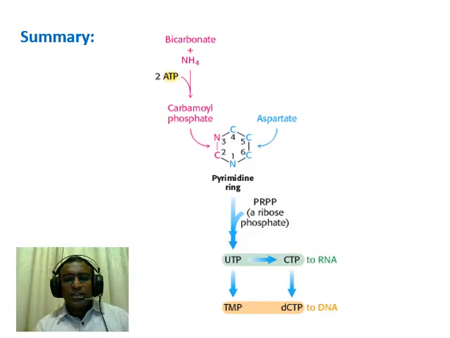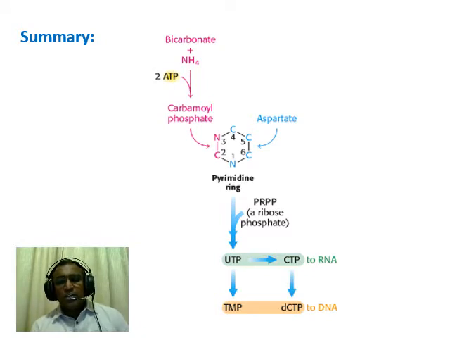So this slide summarizes the making of pyrimidine, that is UTP as well as cytosine triphosphate. I just want to clarify, it starts off with 3 steps, that is the utilization of bicarbonate, ammonia, and then with 2 ATP, all 3 steps happening in one single enzyme to form carbamoyl phosphate.